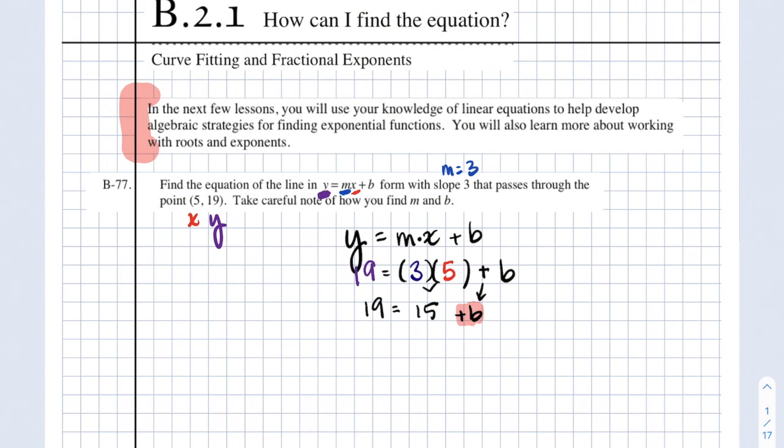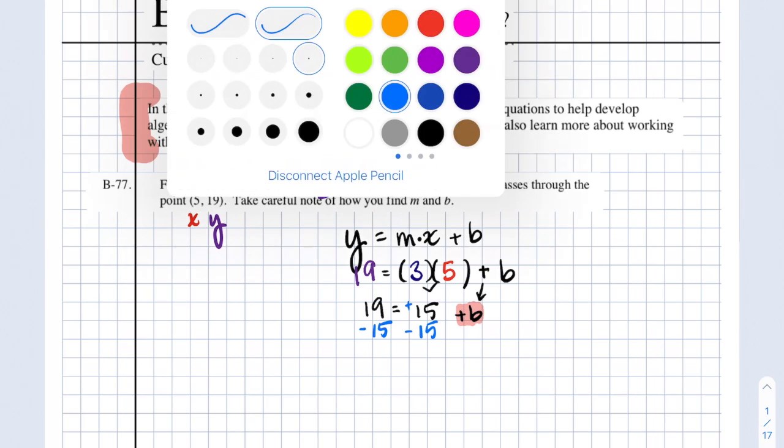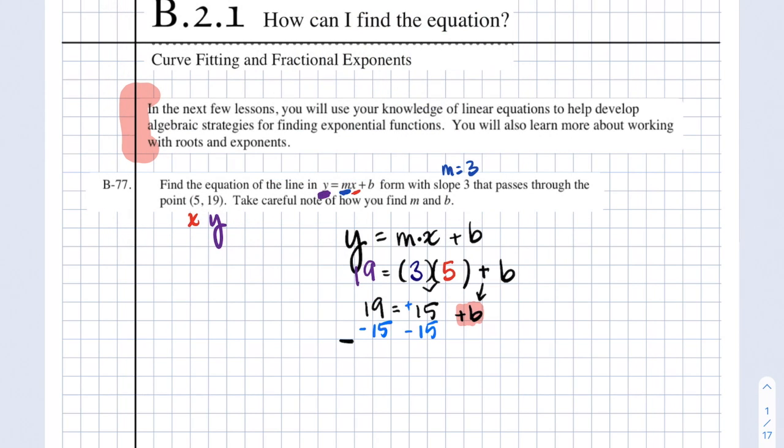this 15. So if it's a positive, I'm going to undo it by subtracting from both sides. Whatever you do to one side, you have to do to the other side. So 19 minus 15 is 4. This gives you a zero pair. So you're left with b is equal to 4.